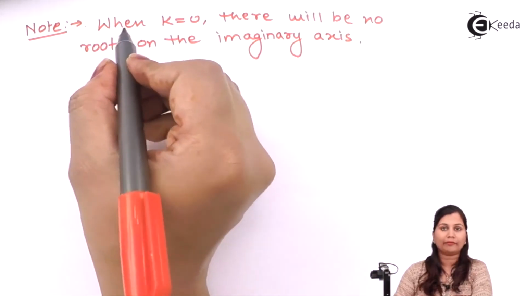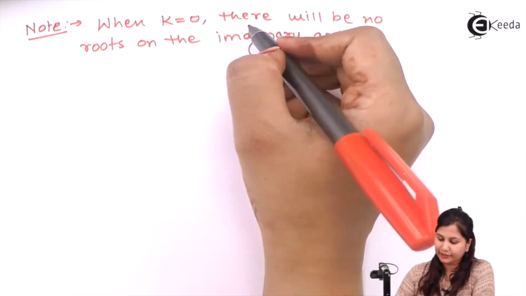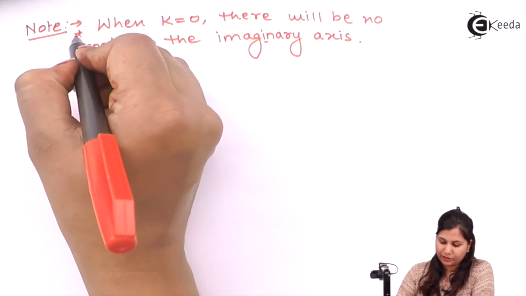That is, whenever you use the condition that k is equal to 0, just remember that there will be no roots on the imaginary axis.